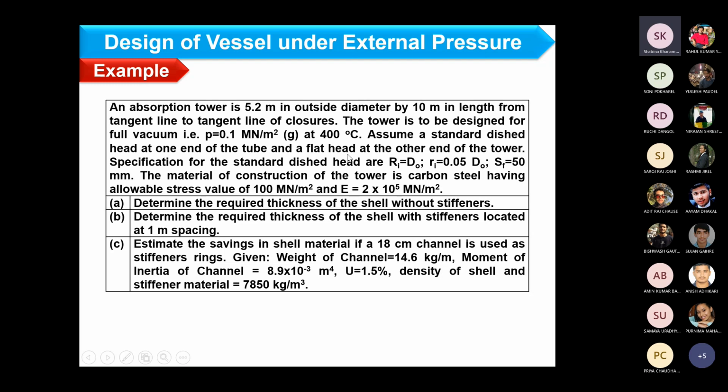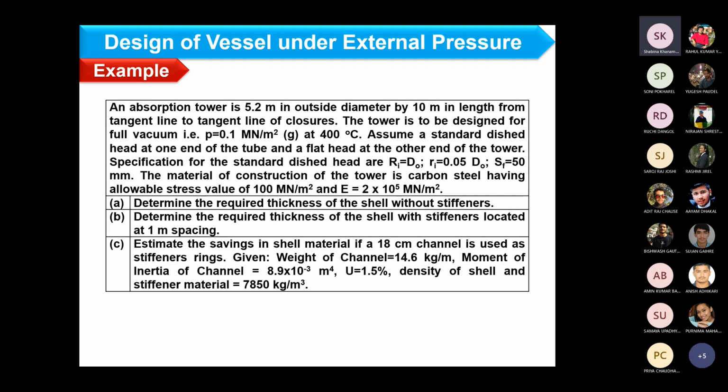Specifications for standard dished heads are capital Ri equal to Do. You understand, for a dished head, this is the crown radius, right? So you can refer to the content which we have covered in design of heads. For a formed head or dished head, Ri is the crown radius, which is equal to Do, the outer diameter of the shell.